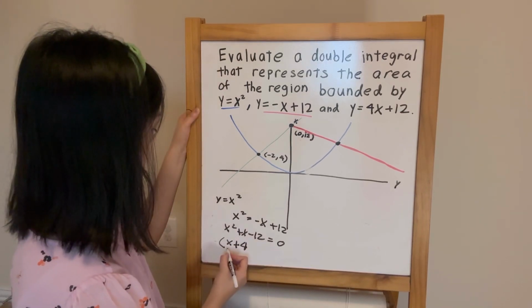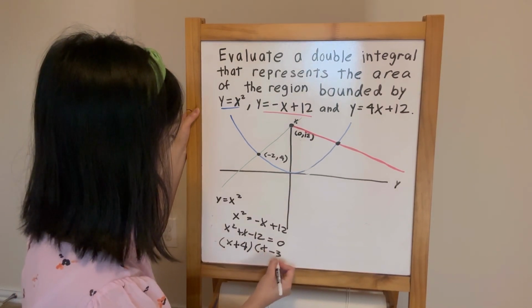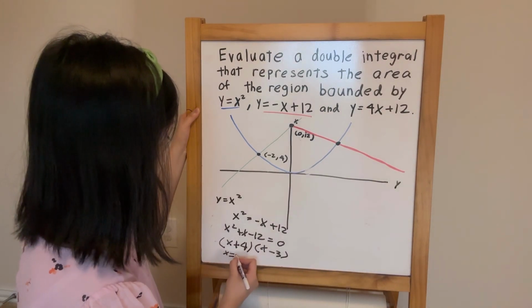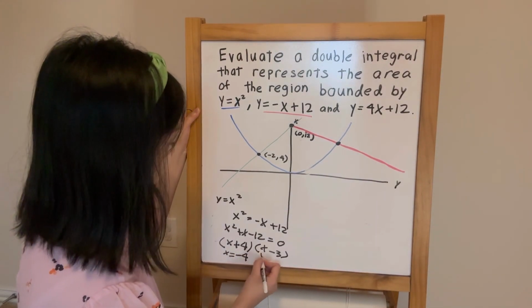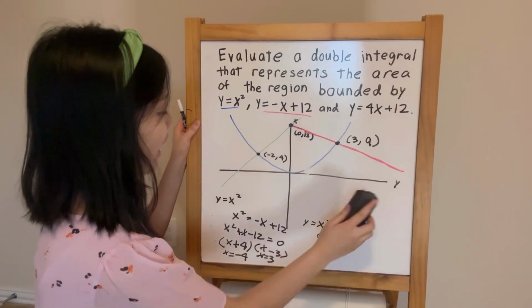That's going to be factored into x plus 4 and x minus 3. And we get x equals negative 4 and x equals 3. And that is all the intersections we have right here.